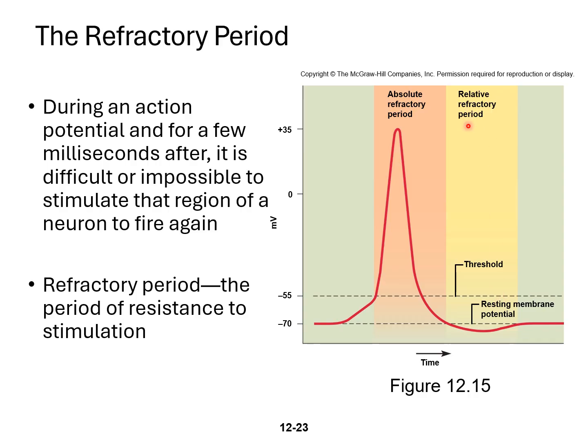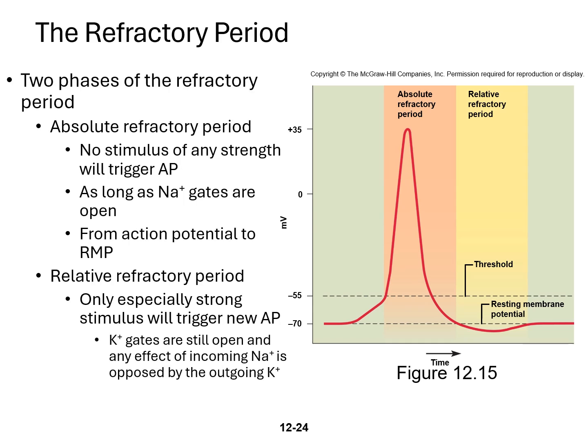So you can still fire, but it's going to take more input. In absolute, you can't fire. In relative, it can, but you just need more positive ions to flow into the cell so it fires again.